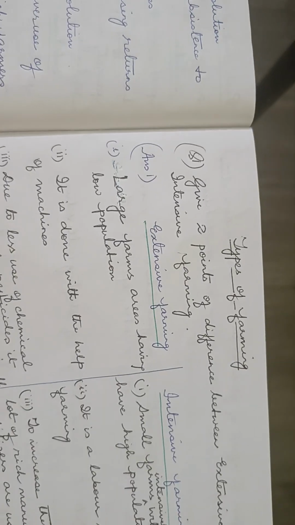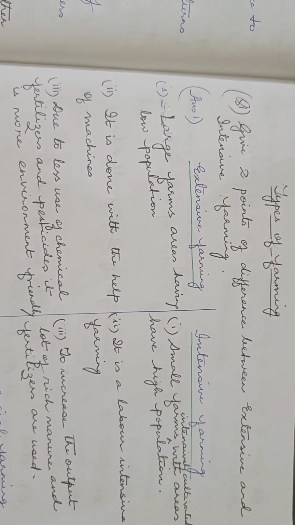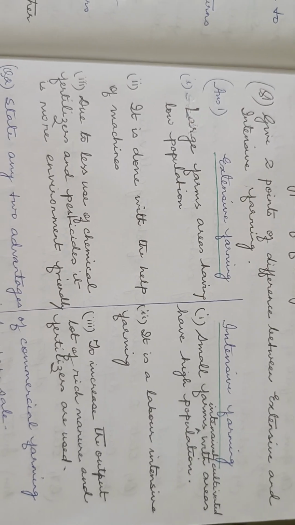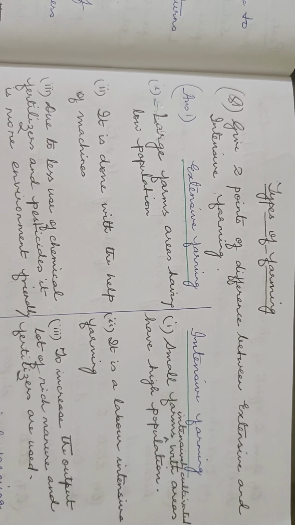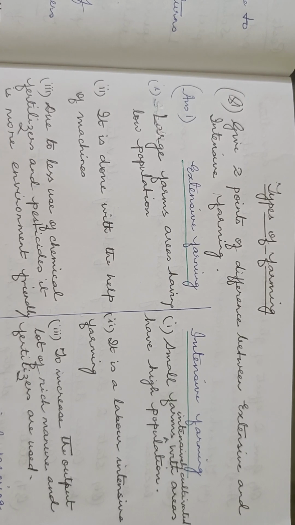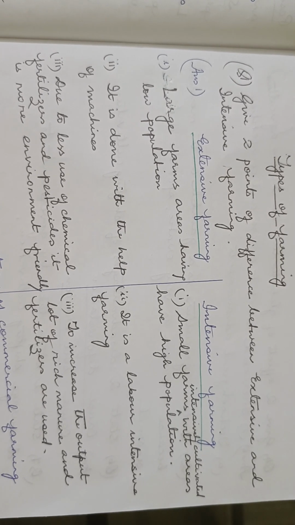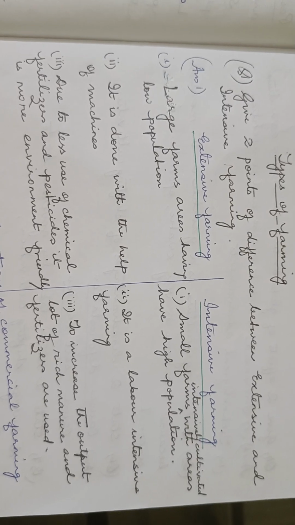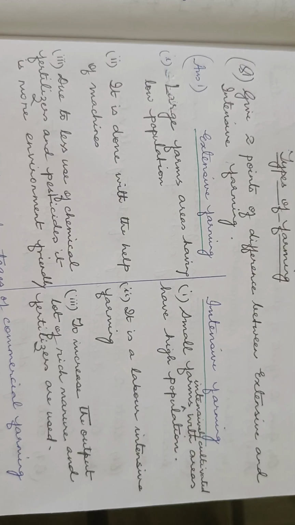Next, types of farming. Give two points of difference between extensive and intensive farming. Extensive farming has large farm areas with low population, whereas intensive farming has small farms which are intensively cultivated in areas of high population.